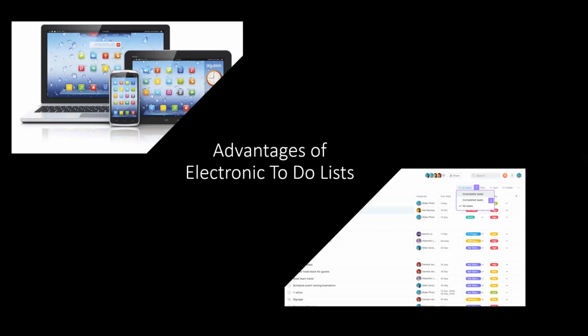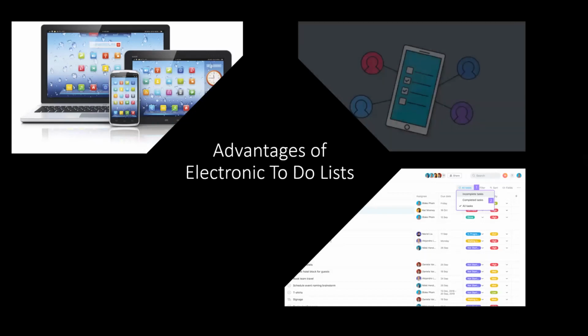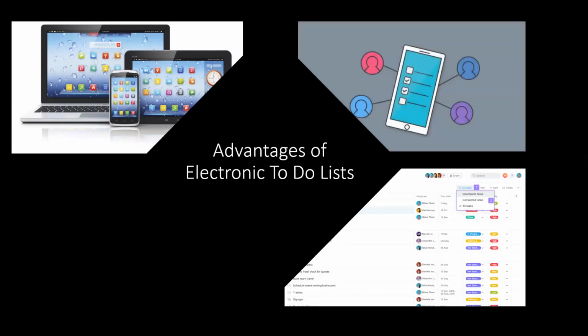You can sort and filter it any way you want. You can share your to-dos with other people, so you can delegate tasks to other team members and you can track their progress. And everybody can keep up to date with what's keeping you busy if you decide to share it. You don't have to, but people can see why you're so busy.